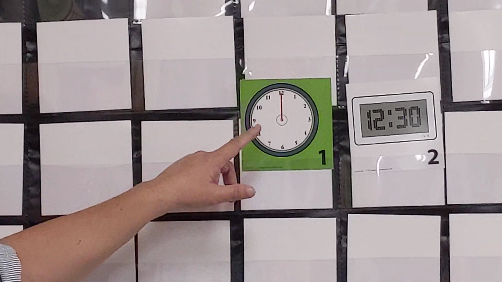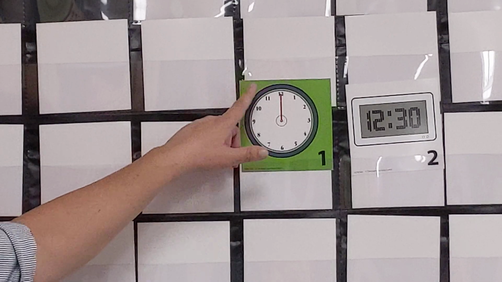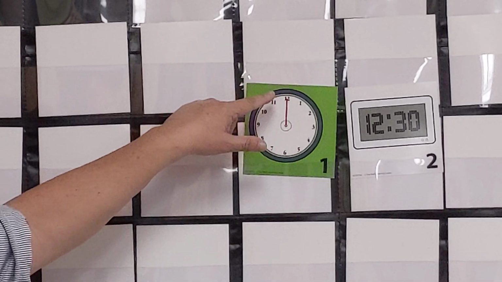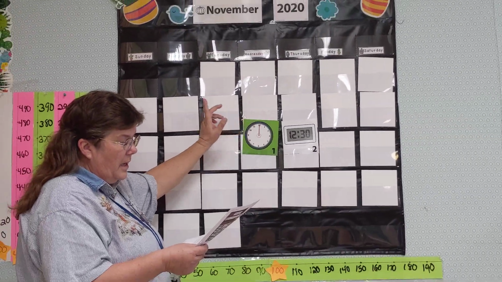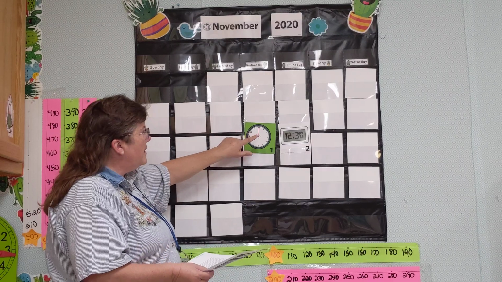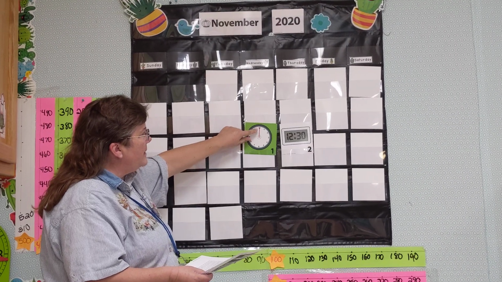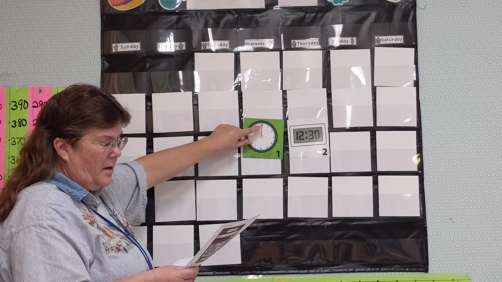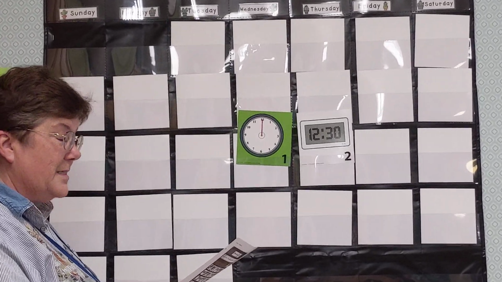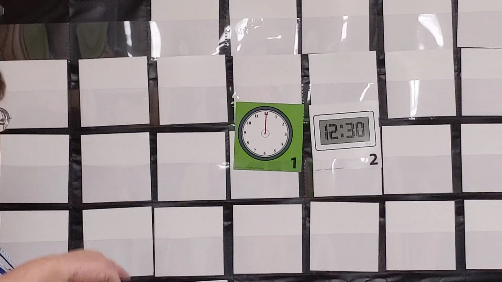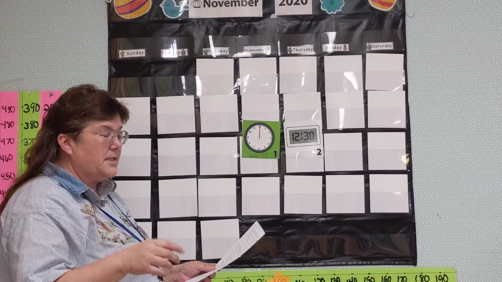So an analog clock is a circle with a face and numbers 1 through 12 all the way around. It has rotating hands that show the hour and the minute. These ones are right on top of each other, but it shows the hour and the minutes, and sometimes seconds. If there's a really fast one going around, that's the seconds.